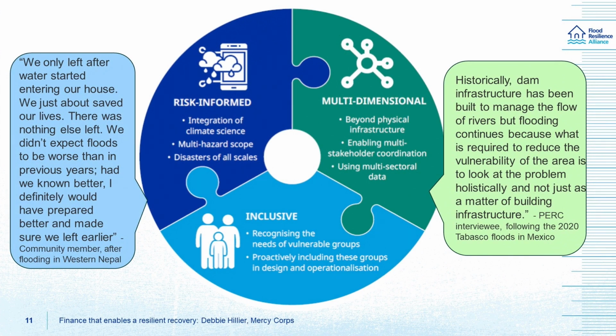We often talk a lot about physical infrastructure, and there are obvious reasons for that. It's very important. But recovery is much more than physical infrastructure. It's around social cohesion, it's around mental health. There are all kinds of aspects to it which sometimes get forgotten, and we need to make sure that those aspects are included. And recovery needs to be inclusive, recognizing the needs of all vulnerable groups.